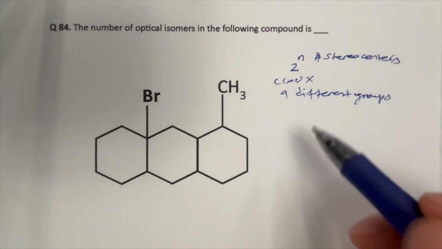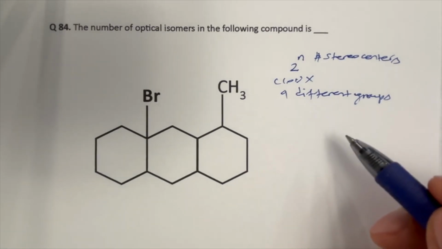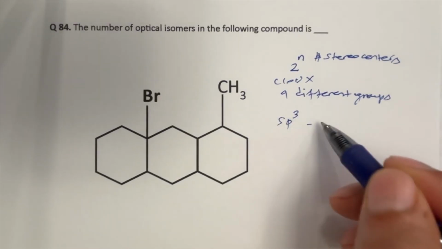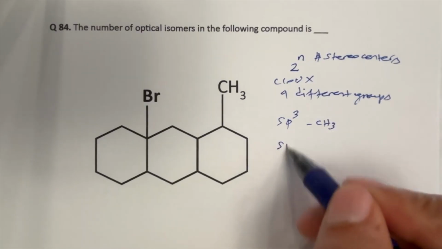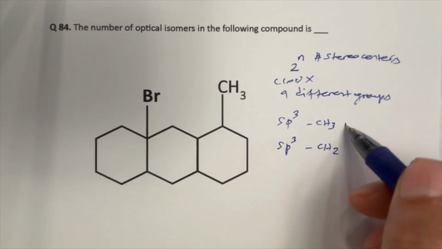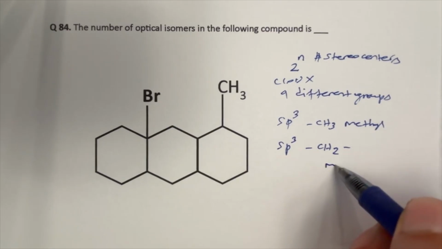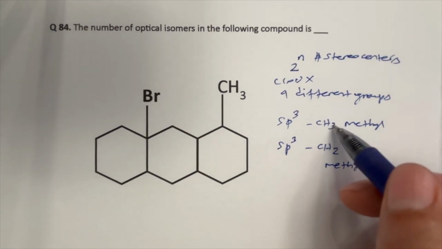Let us figure out the chiral carbons. Instead of figuring out the chiral carbons, let us eliminate those that are not chiral carbons. We can eliminate the sp3 carbons that are methyl groups. We can also eliminate the sp3 carbons that are methylene groups. So, both methyl as well as methylene groups we can eliminate because here we have 3 hydrogens.